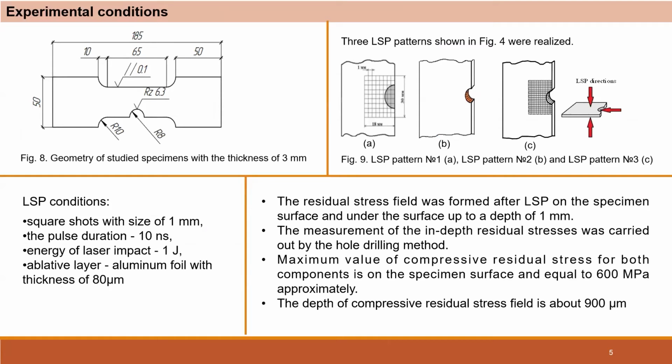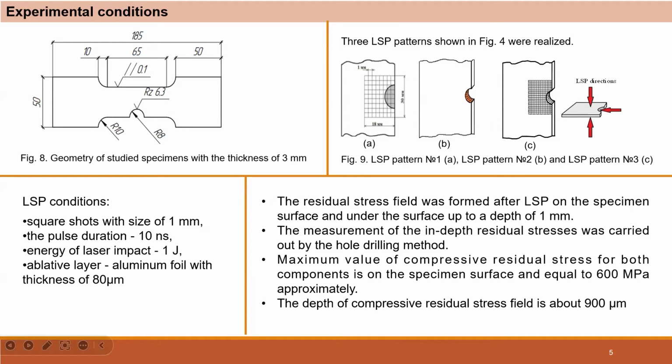It was interesting for us. And we speak about specimens that we treated. It was specimens with a notch. We used 3 different patterns of treatment. First, we treated only the surfaces. In the second pattern we treated the notch.